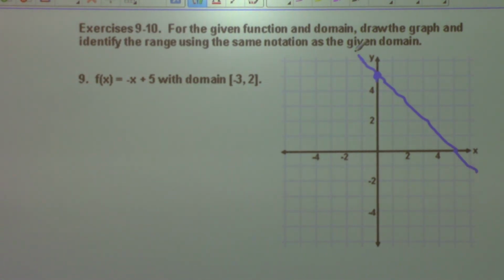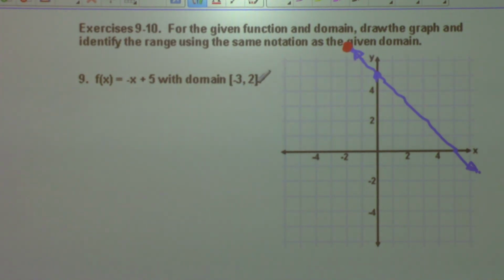Looks something like this. Okay. And our domain is -3 to 2, so where does that go? Kind of goes right up here, right? So thing's going to go right here. So -3, that's going to be like an endpoint, right?